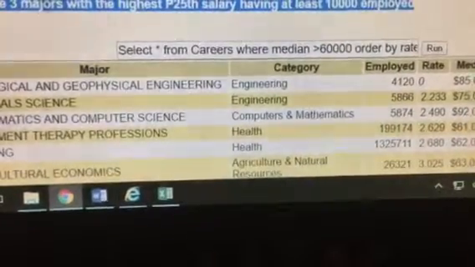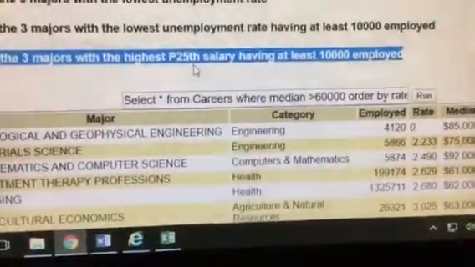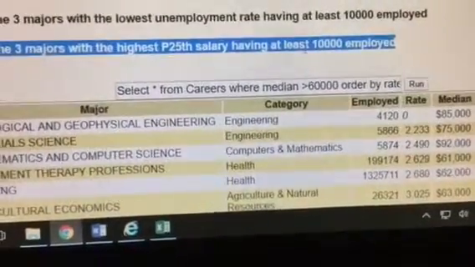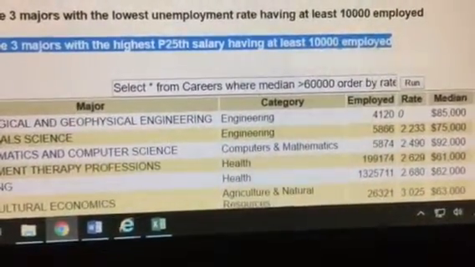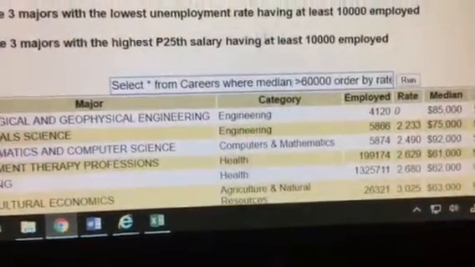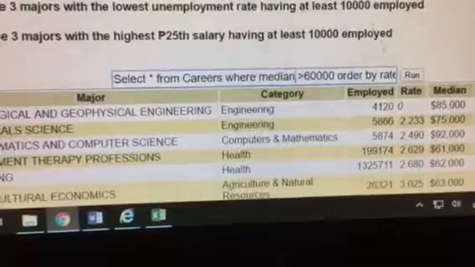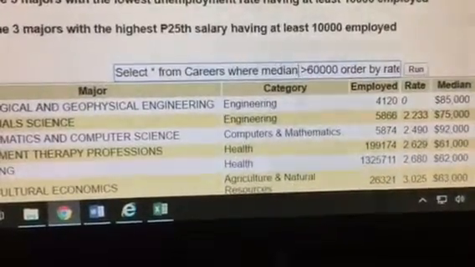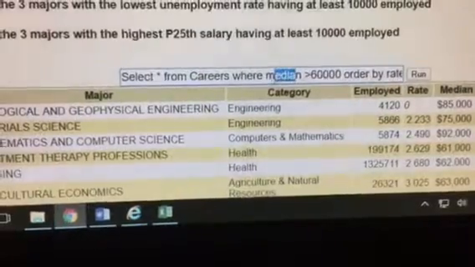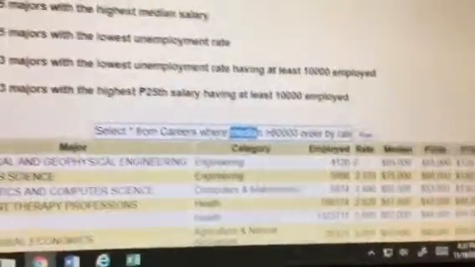In this particular case, I'm looking for the highest 25th percentile salary, having at least 10,000 employed. So basically, that's my where statement. Whenever they put a condition on it, I only want to see at least 10,000.